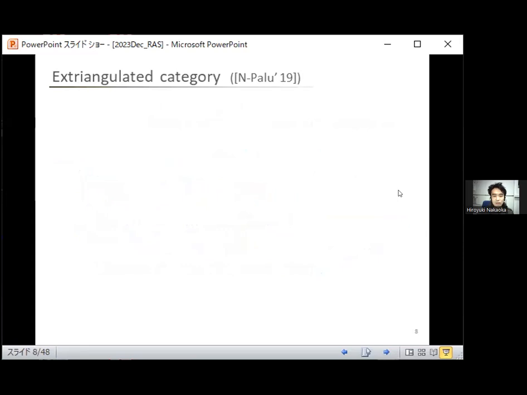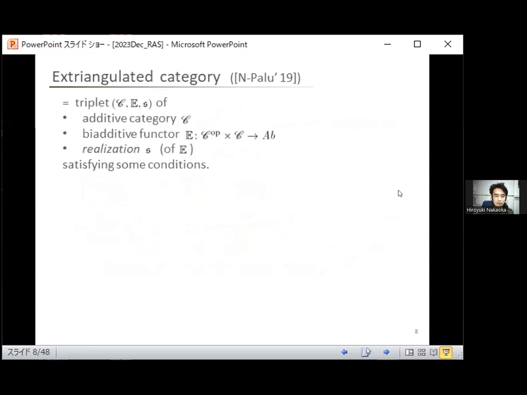The notion of ET category was introduced in a collaboration with Hiroyuki Nakaoka and Yann Palu. It is defined as a triplet of an additive category C, an additive functor E from C^op times C to the category of small abelian groups, and something which we call a realization of E. So what is the realization?